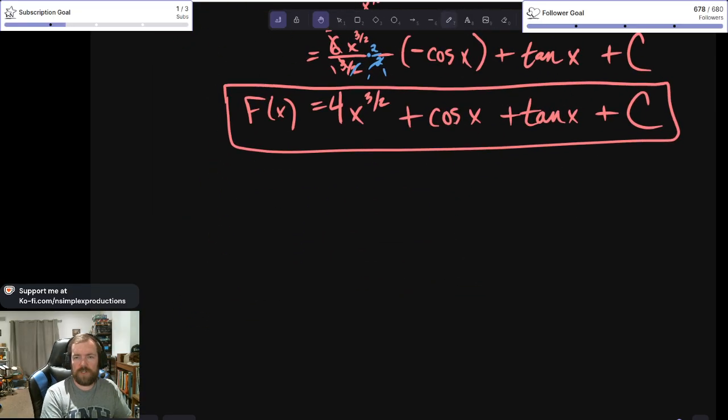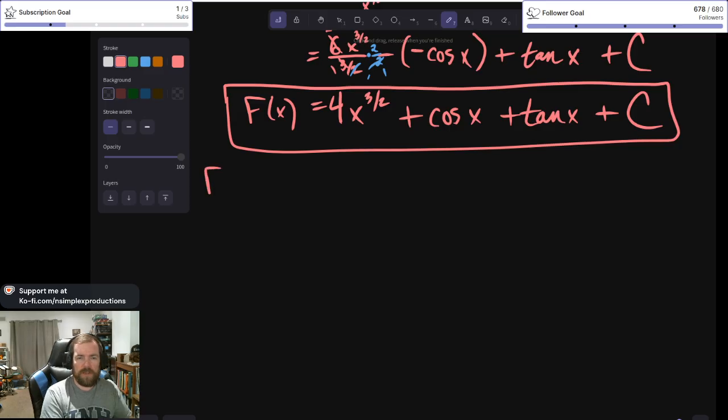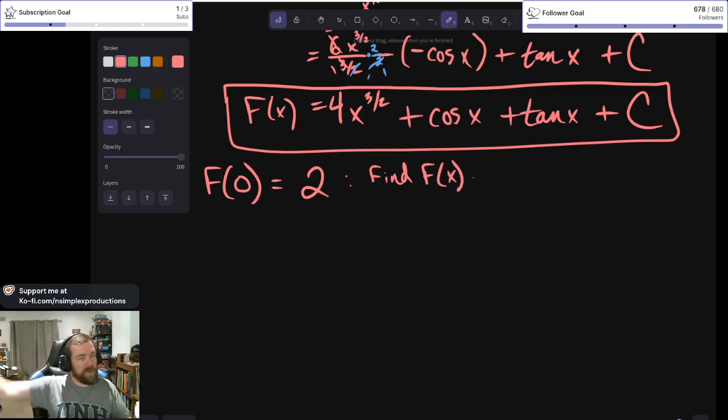Another question popped up in here which said if capital F of 0 is equal to 2, find capital F of x, which is the whole thing. So here, if we know that F of 0 is equal to 2, then we know that c has a definite value.